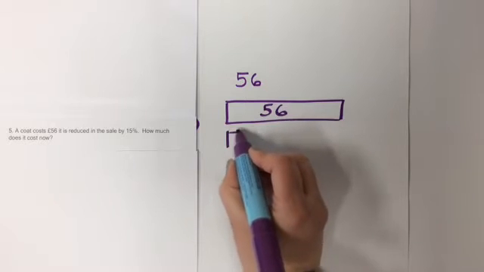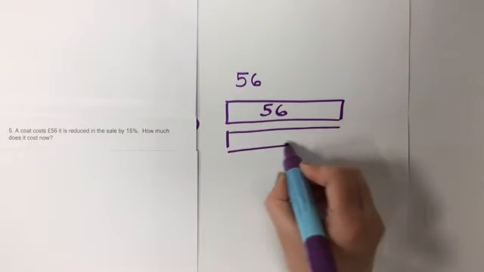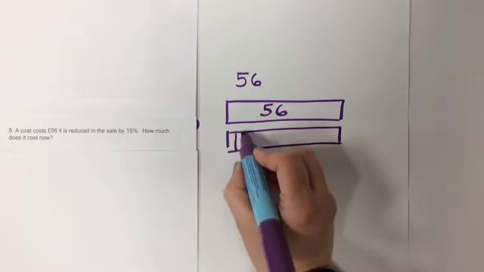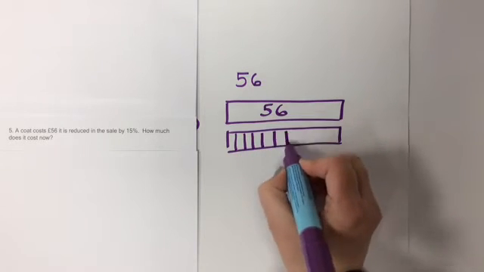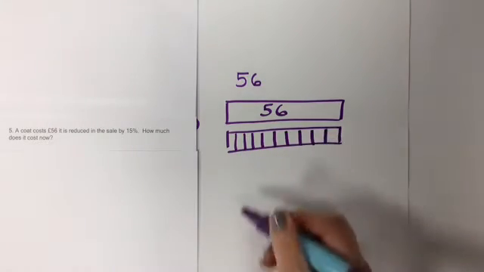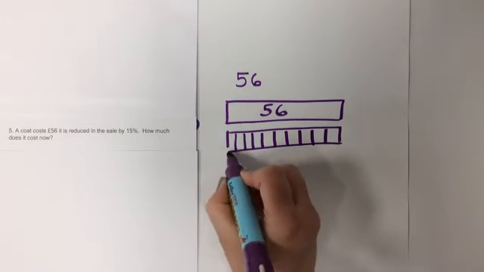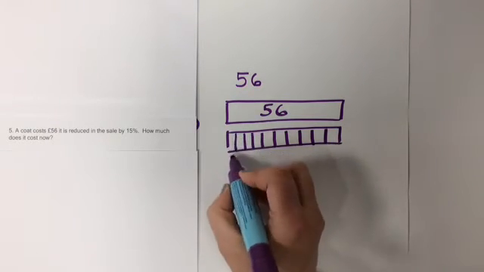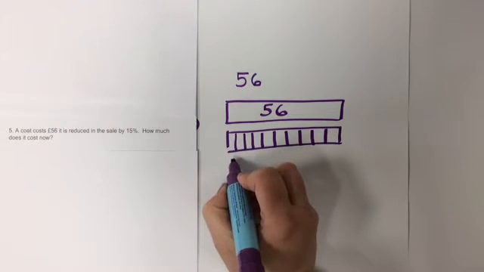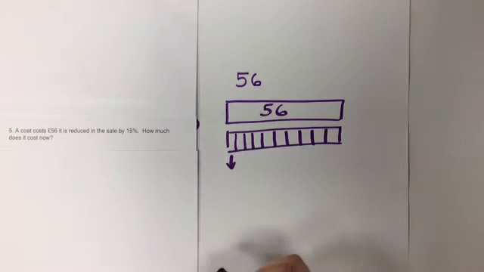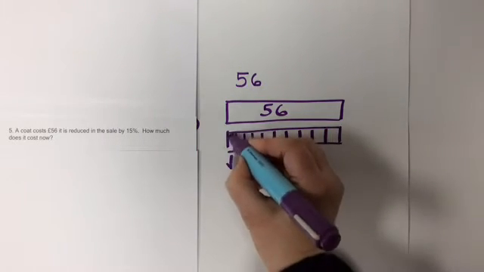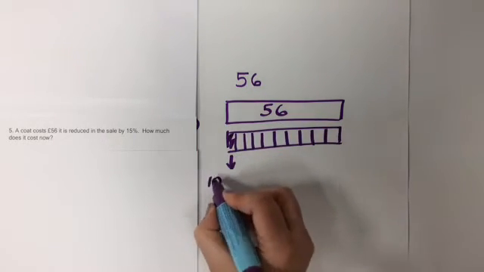And then I need to find my 10%. So I'm trying to find just one piece, my 10%. So when I find my one piece, my 10%, I'm dividing by 10. So that's going to be my 10%.